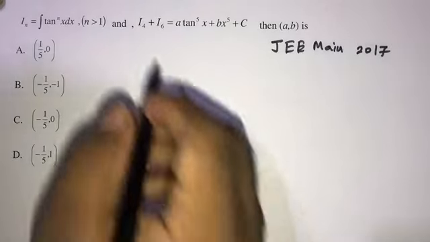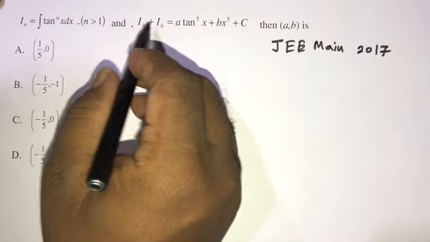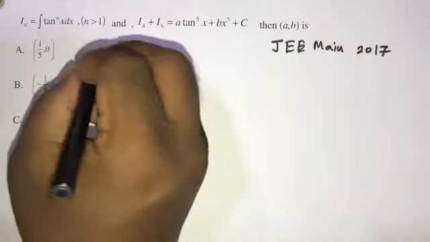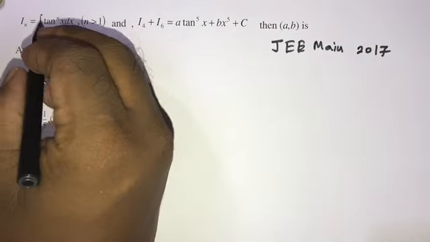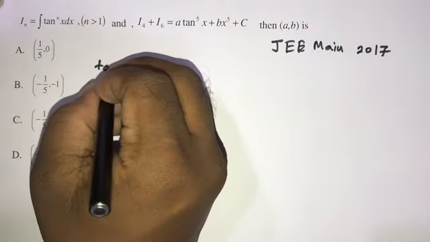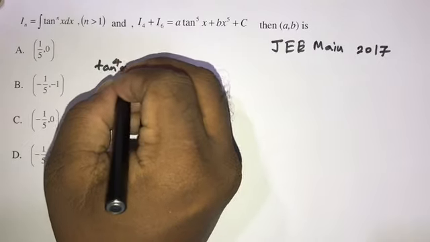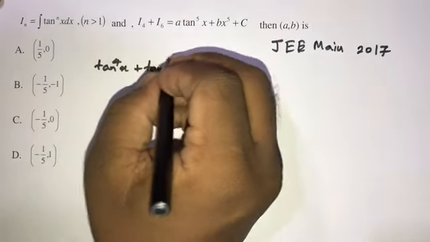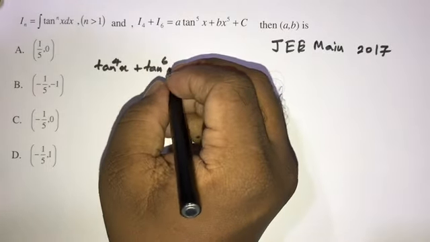So here I4 plus I6, so we know I4 is tan to the 4th power of x, plus I6, tan to the 6th power of x.